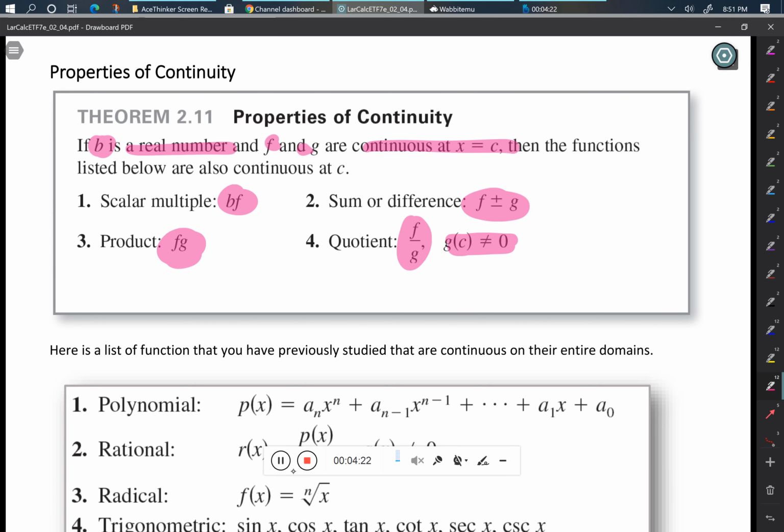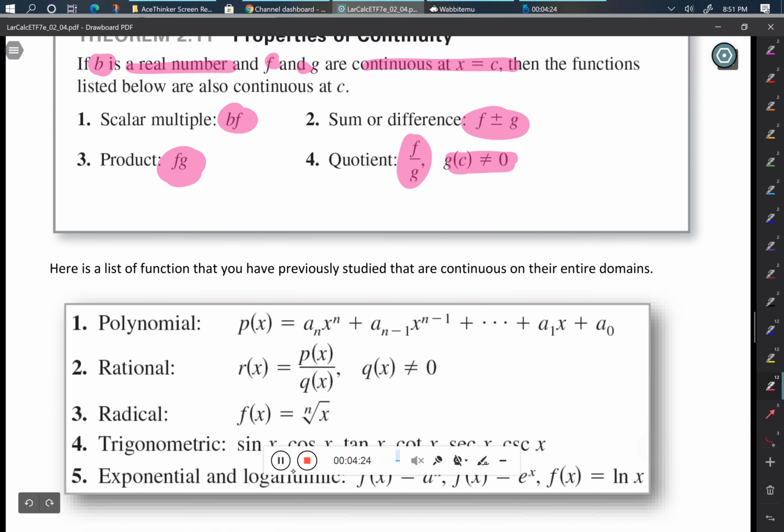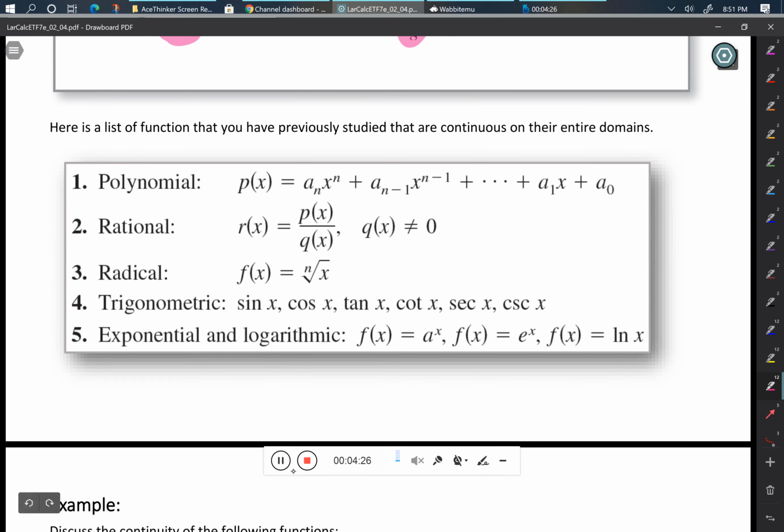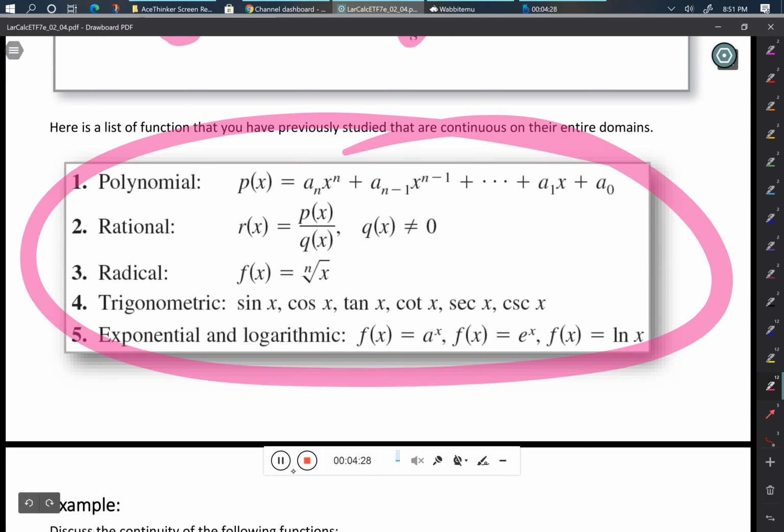And what these properties do is they allow us to extend even further and say all of these things are continuous on their entire domains. So all of the functions you've been working with throughout your entire mathematical career, the polynomials, the rationals, the radicals, the basic trig, exponentials and logarithms, these are all continuous functions on their domains.